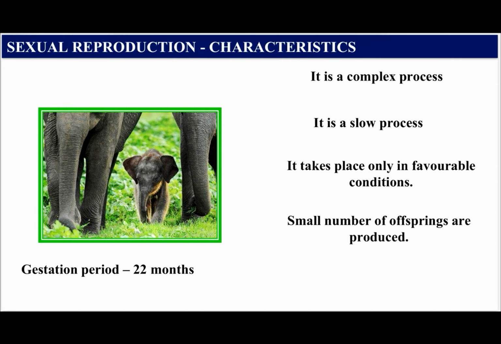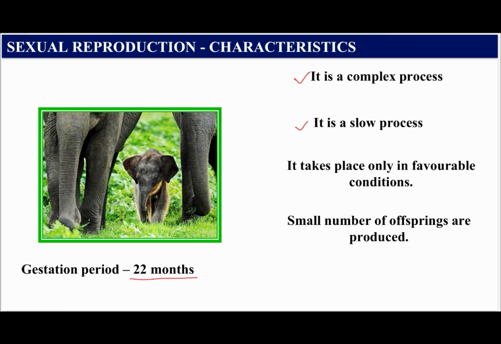Now, the sexual reproduction process is a complex process. Also, it is a slow process, meaning it does not take place rapidly. In the case of the elephant, the gestation period is 22 months.